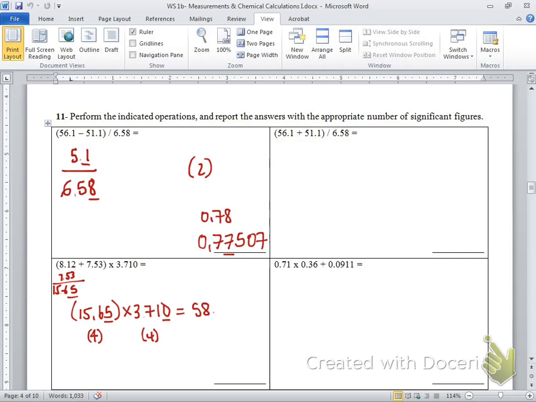So that's where I'm rounding it to, so I get 58.06. So for adding, you use the absolute rule. Yeah, good.